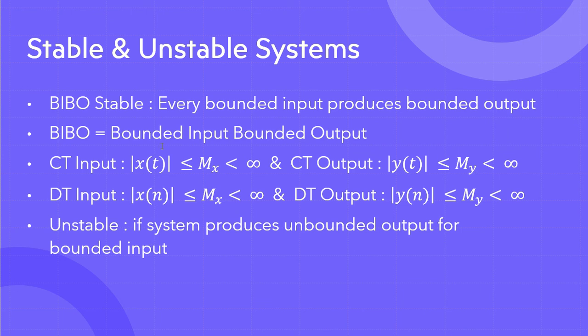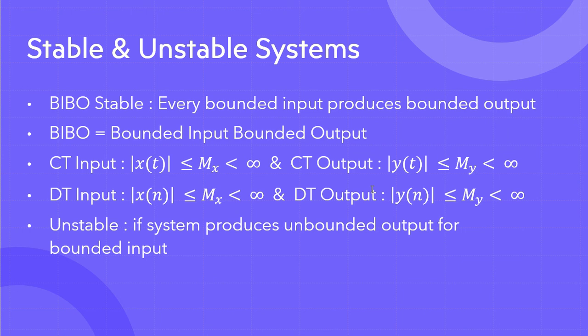For that, the modulus of your output, which is y of t for continuous time and y of n for discrete time: modulus of y of t is less than or equal to my, less than infinity. And for discrete time output, modulus of y of n is less than or equal to my, less than infinity.